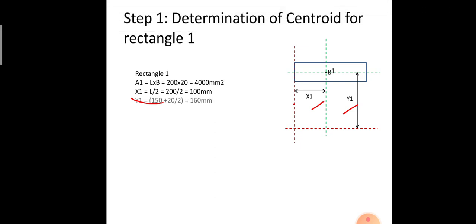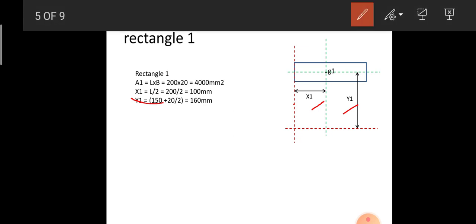Similarly, the value y1 is the vertical distance between the horizontal reference axis and the centroidal point of the individual rectangle. So here we know that the overall vertical distance is 20 mm, but half of 20 will be equal to 10.